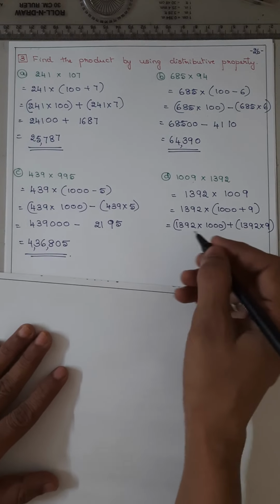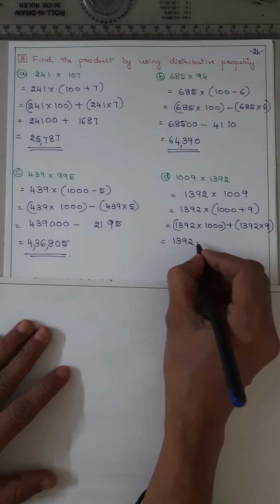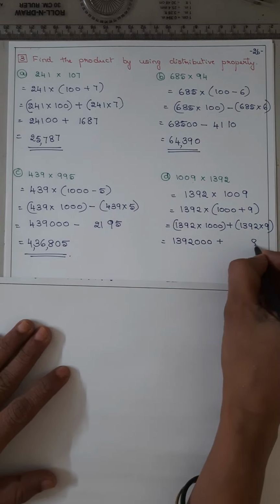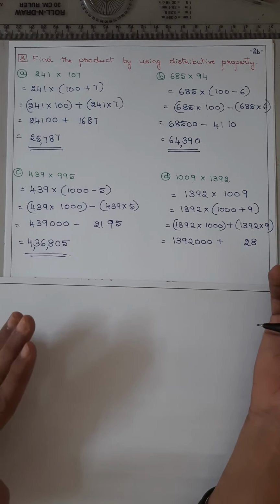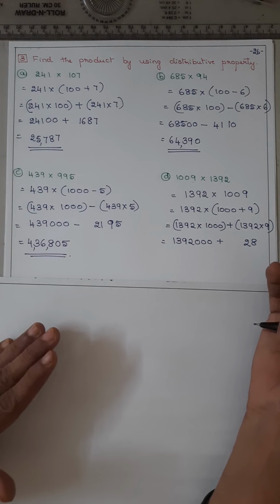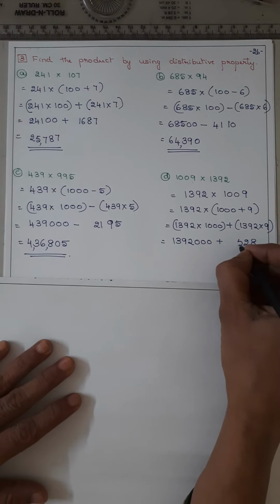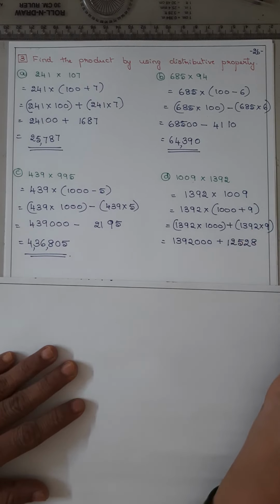So now 1392 and 3 zeros plus 9 twos are 18, 9 nines are 81, 82, 9 threes are 27, 27, 30, 35, 9 ones are 9, 10, 11, 12.